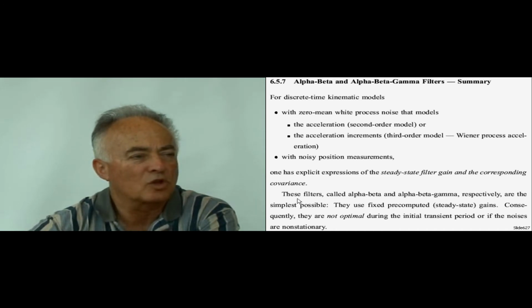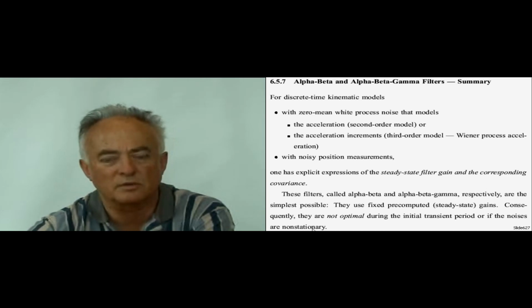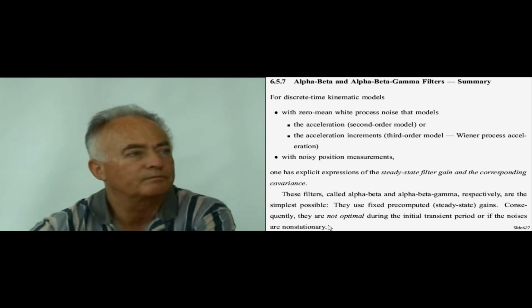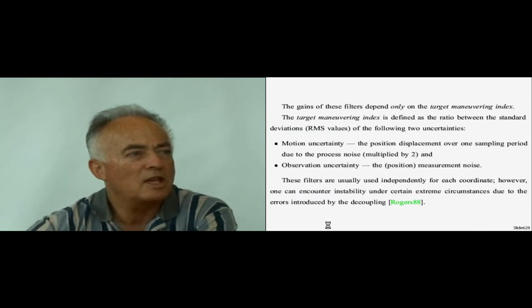These filters, called alpha beta and alpha beta gamma, are the simplest possible because they use fixed, easy to pre-compute steady state gains. Consequently, they are clearly not optimal in the initial transient period or if the noises are non-stationary. The gains of these filters depend only on the target maneuvering index.